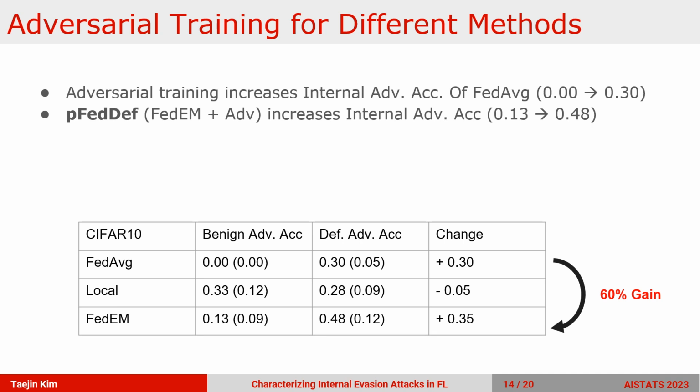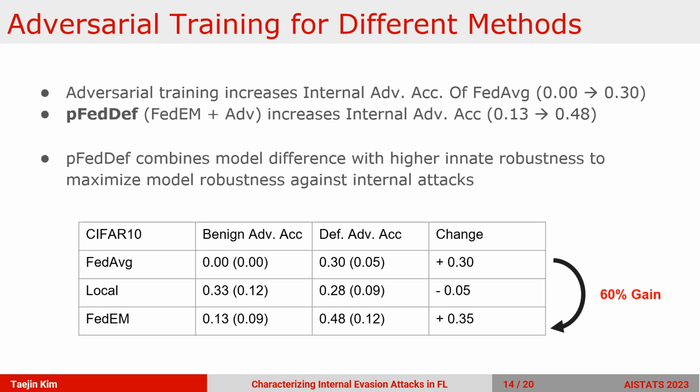Fed average combined with adversarial training increases its robustness from 0 points to 30 points. Personalized federated learning, when combined with adversarial training, we call this defense mechanism P-Fed-Def, and here the robustness is increased from 13 points to 48 points.